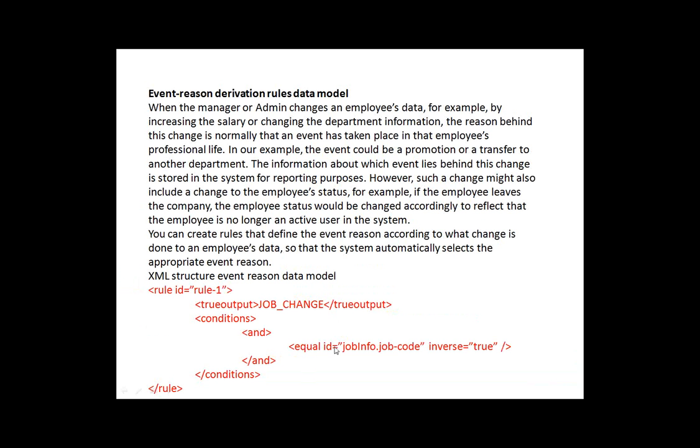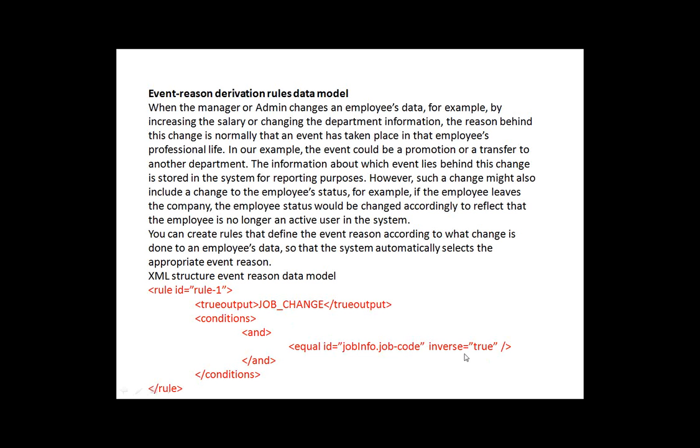So this is an expression which is defined between the logical operators. It could be and, or, XOR. There is another comparative operand called equal. You write the expression in this. So this is the expression job info dot job code.